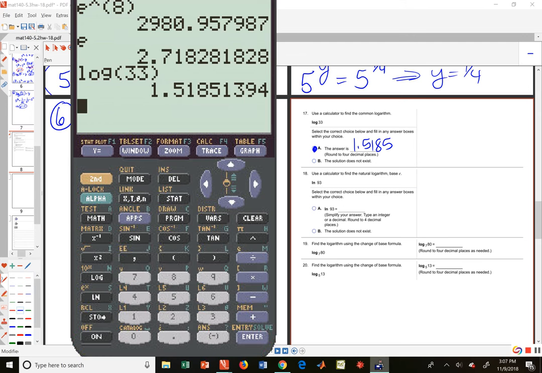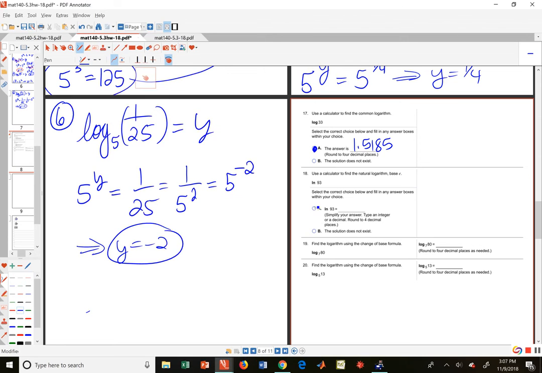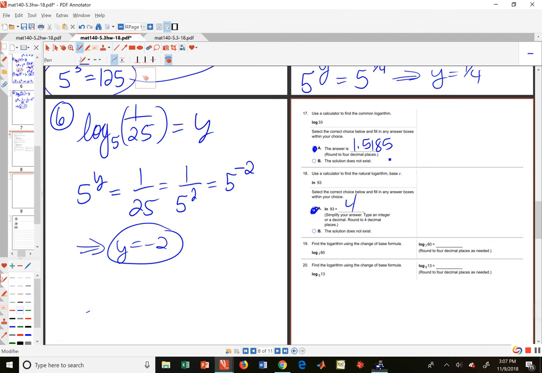Now the ln of 93 is also on our calculator. It's next to the 4, and so you take the ln of 93, hit enter, and you get 4.5326. They want 4 decimal places again. Pretty easy, isn't it?